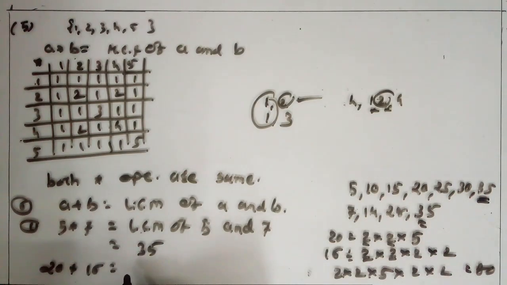So the LCM of 16 and 20 is 80. Or first write the multiples of 20, the multiples of 16, and write the smallest common multiple. Clear? So it is 80.